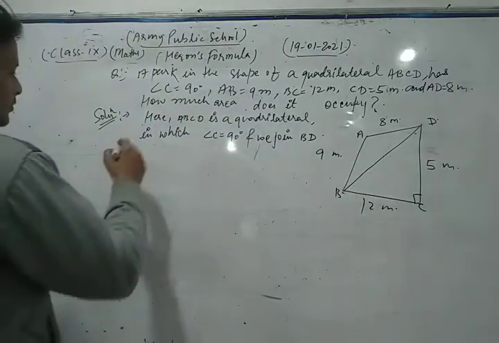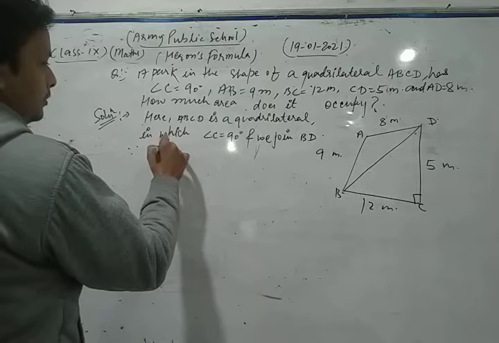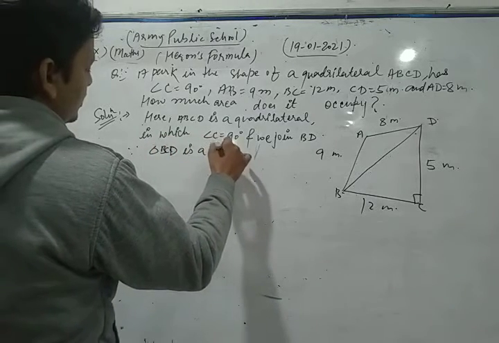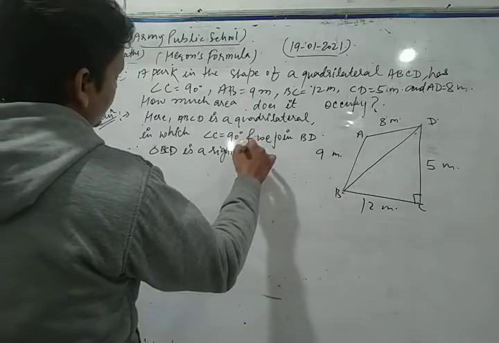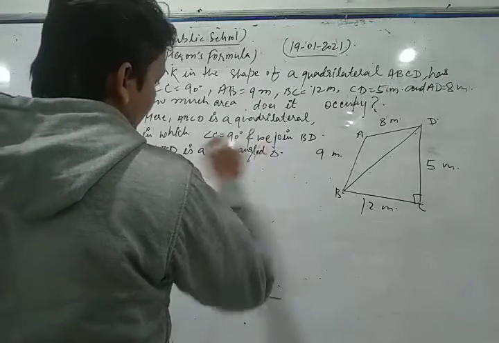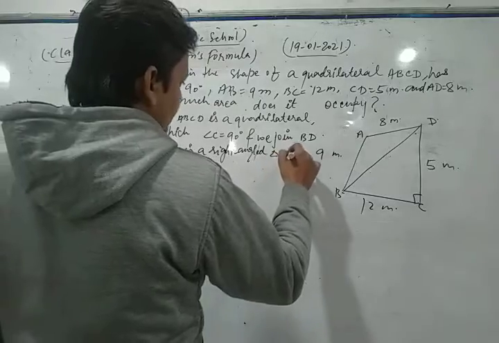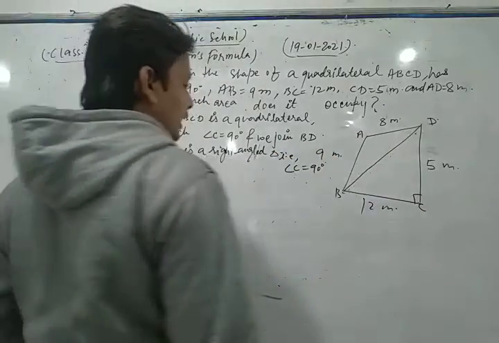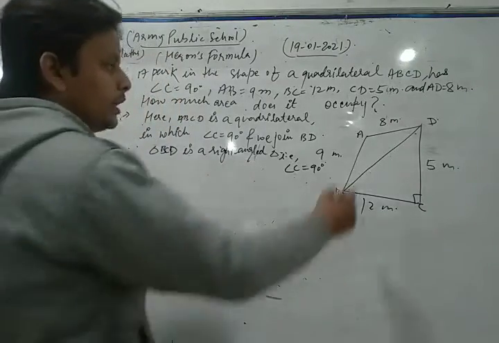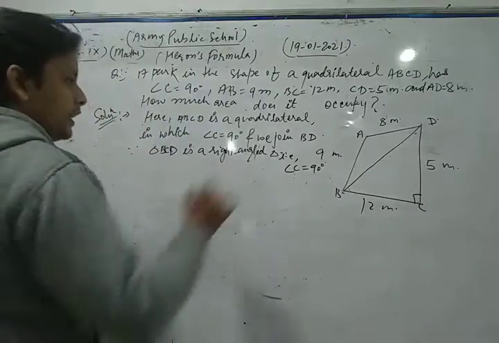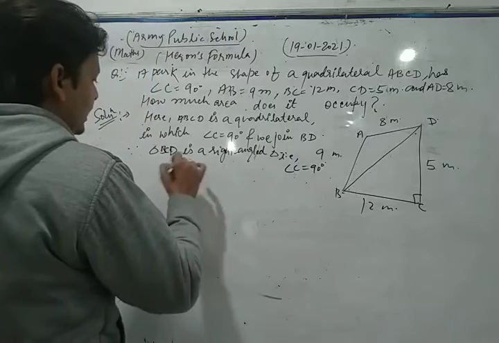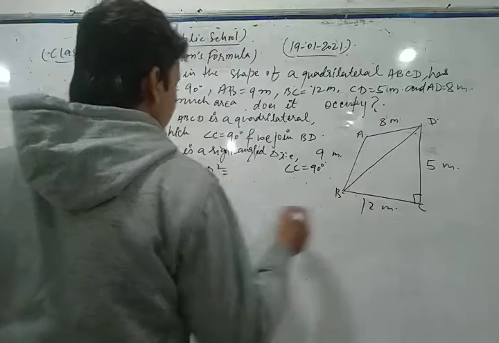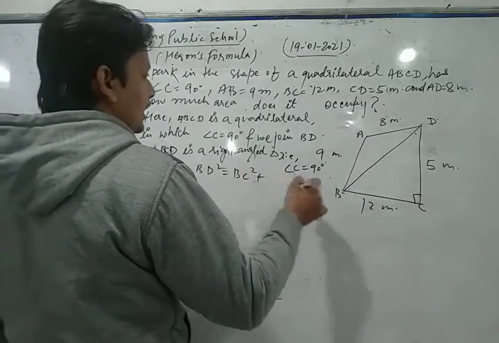Since triangle BCD is a right angle triangle, that is angle C is 90 degrees, BD is the hypotenuse, so we apply the Pythagoras theorem in that triangle. BD square is equal to base BC square plus height CD square.